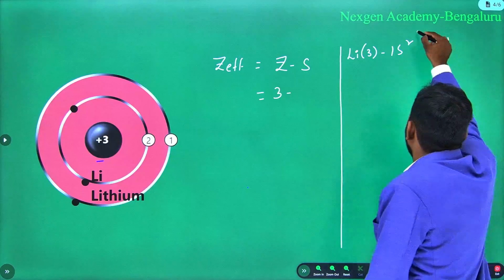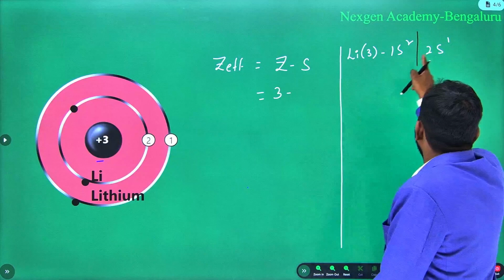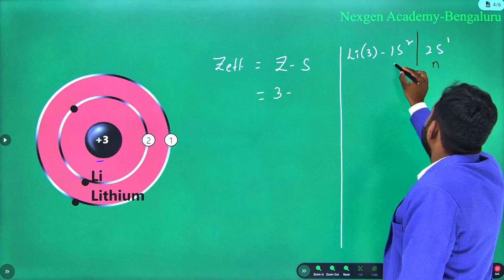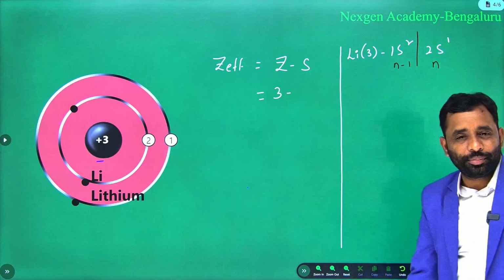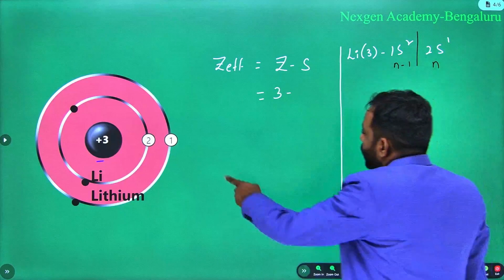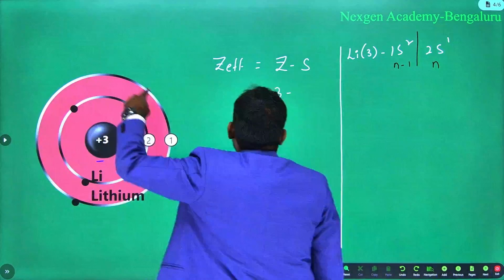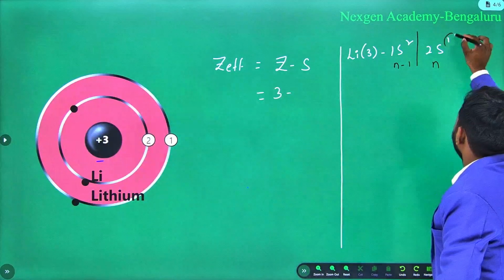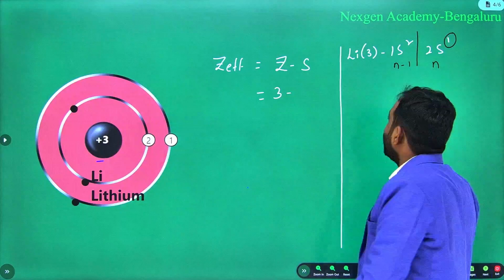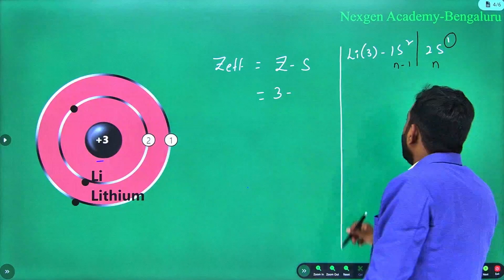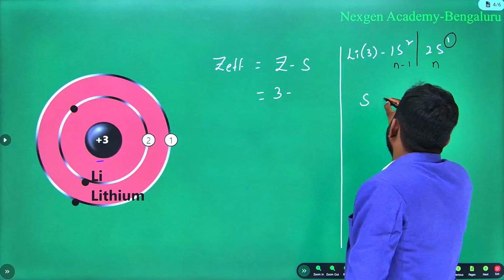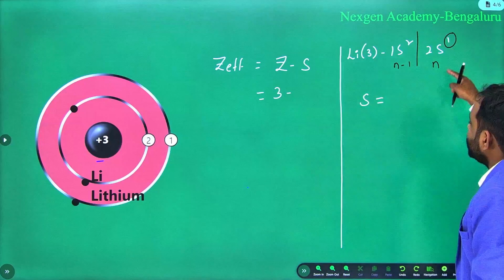As I told you, group them. First, this is nth, and this is the n minus 1 shell. Clear, right? So now you are calculating for the last electron, the valency electron. How do you calculate the screening constant for the valency electron? S is equal to... one electron is there in the same shell.